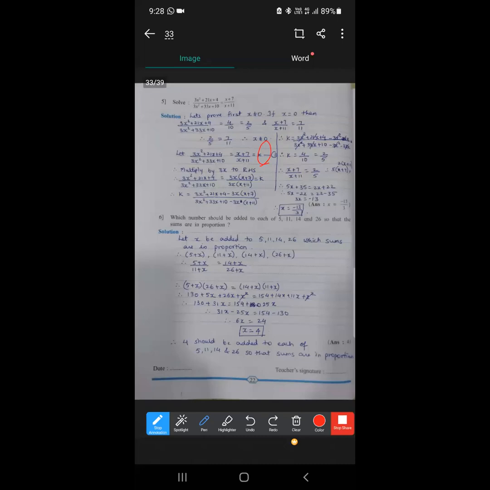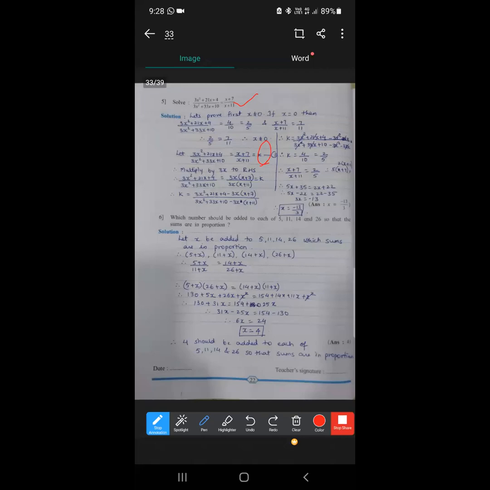Multiply by 3x to the right hand side. This is the right hand side. So 3x square, the left hand side is the same as in the previous step, is equal to 3x multiplied by x plus 7 upon 3x multiplied by x plus 11 is equal to k.